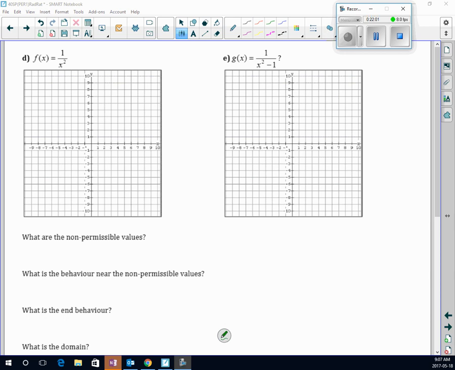Okay, how do we graph this? We need to graph what we know, which is a parabola. Let's graph it.